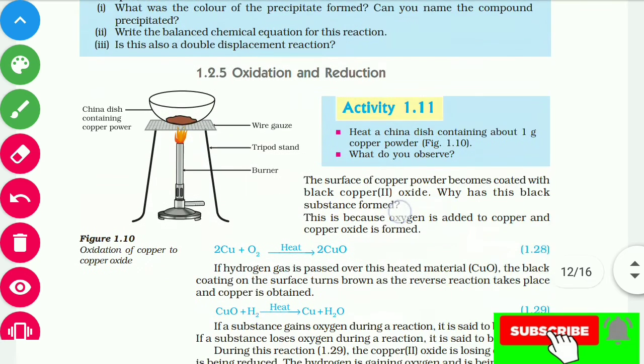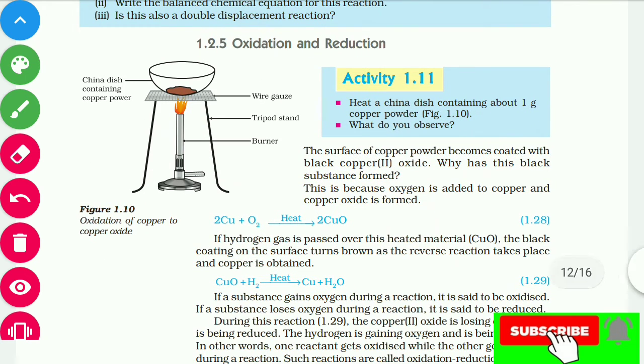Oxidation reaction. In this you get an oxidation reaction: copper gets added with oxygen.